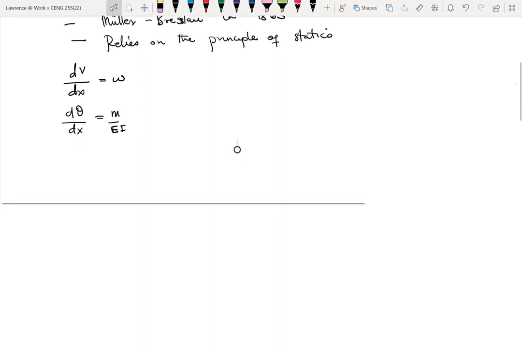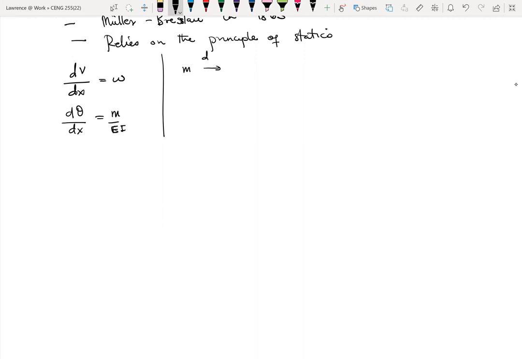And then if we have moment and we differentiate the moment with respect to x, we have dM/dx, which gives us V. If you differentiate the moment with respect to x, you get V. Now if you differentiate again, with respect to x, that is d squared M over dx squared, which is the same as dV/dx, you get w.